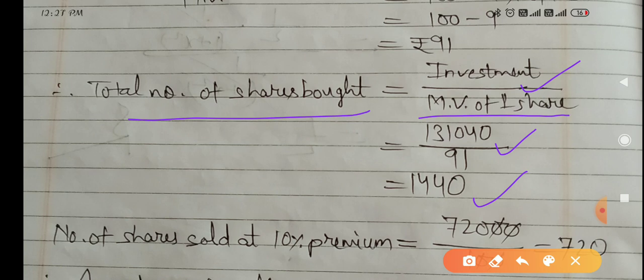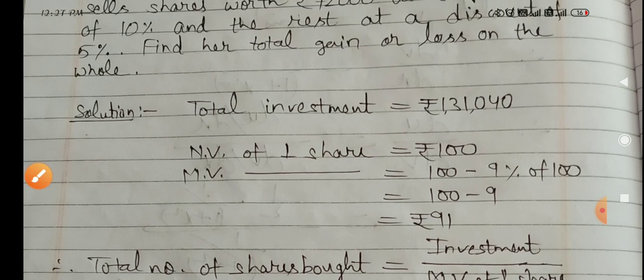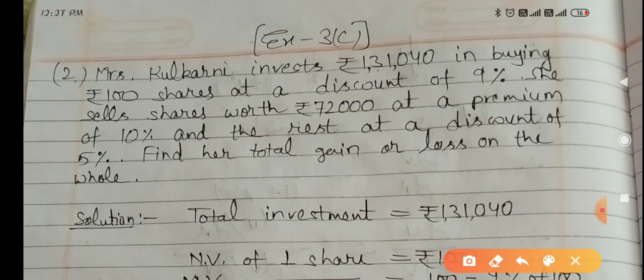Now you have to understand this line. She sells the shares worth rupees 72,000. It means she sells the shares whose cost was 72,000. Cost means actual NV. NV was 72,000.